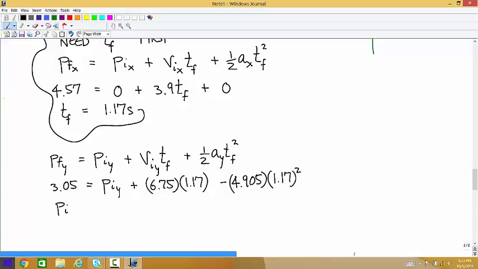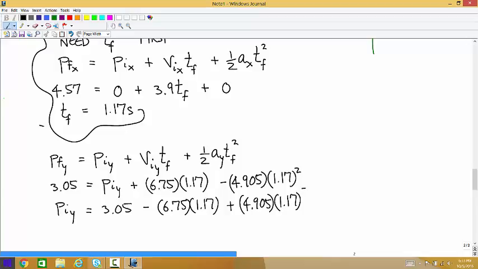So PIY is equal to 3.05 minus 6.75 times 1.17 plus 4.905 times 1.17 squared. And what do you get for that?